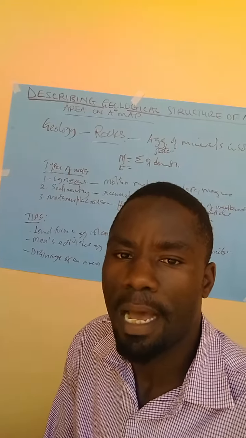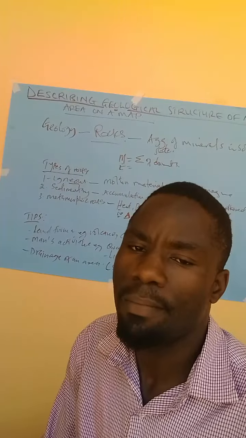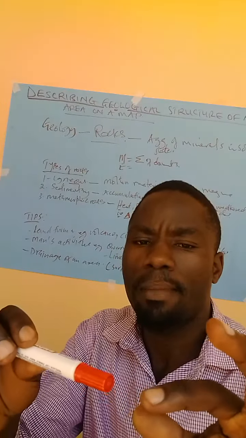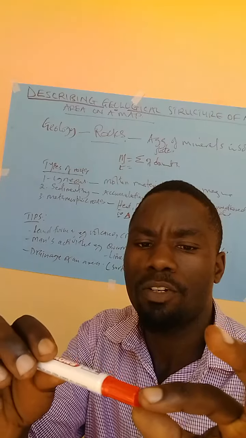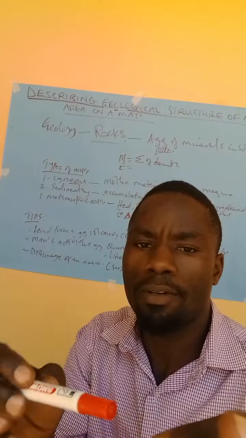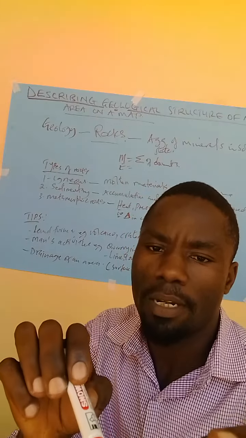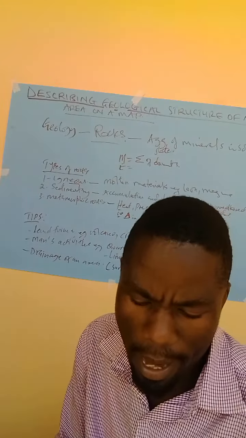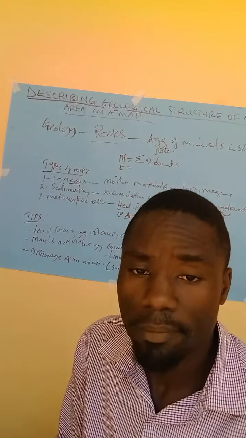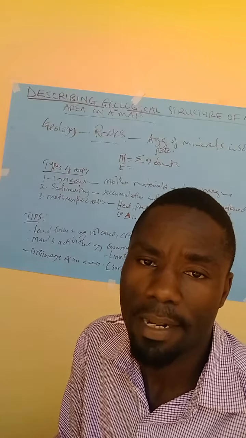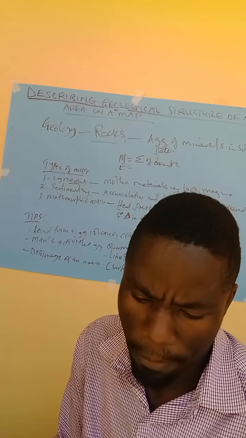And the permeable rocks are basically sedimentary rocks, because sedimentary rocks, since they are formed by sedimentation or lithification, meaning those particles, when I bring a particle, I add on another particle, there are spaces which can allow water to pass through. So that one can tell us that the area has permeable rocks, and these are basically sedimentary rocks.